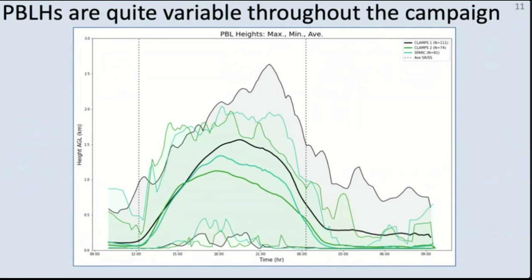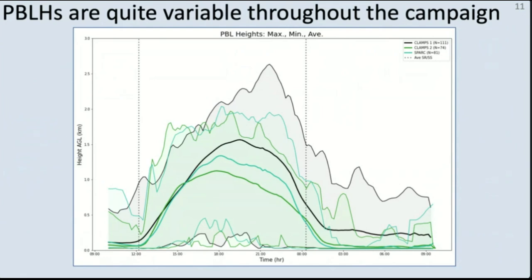Much like the average heights that we saw on the previous slide, the PBL at Clamps 1 is consistently deeper compared to Sparks and Clamps 2, possibly indicating more vigorous mixing at this location. With Clamps 1 being located within an urban setting, the environment is likely being influenced by the urban heat island, which could also explain the generally deeper PBL depth that we see in this overnight period.